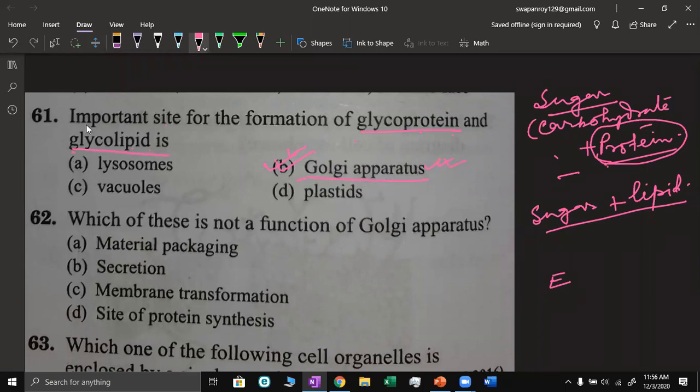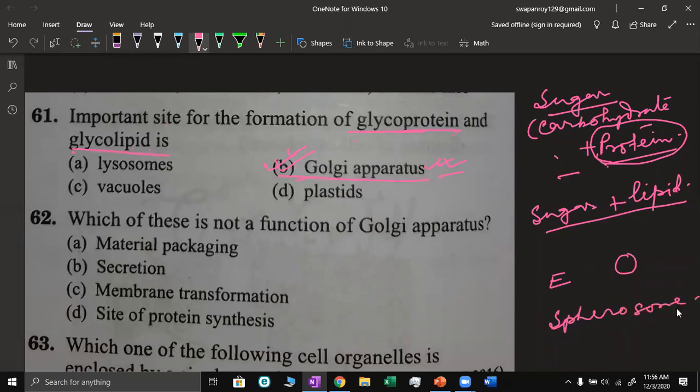So the function of Golgi apparatus is the formation of glycolipid and glycoprotein and many other enzymes, increasing the protein concentration, and their further modification, all these things. And then it is finally packed in small vesicles. This may be called the spherosome.